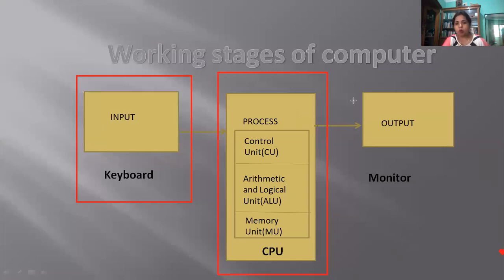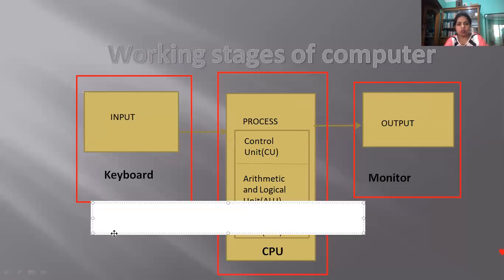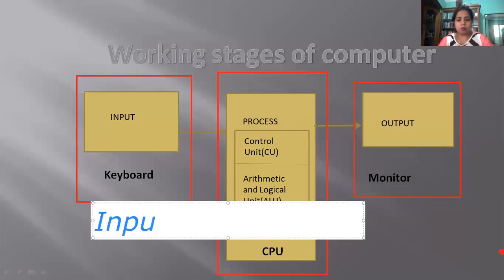So as a whole, this is handled by output unit. So the work of input is done by input unit, work of process is done by processing unit, and work of output is done by output unit.